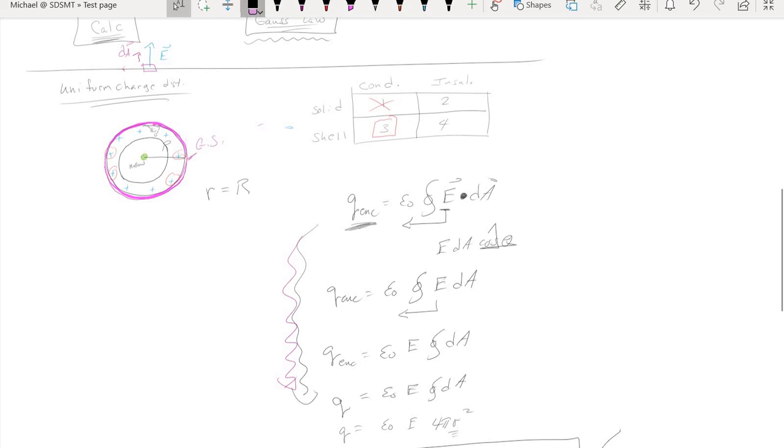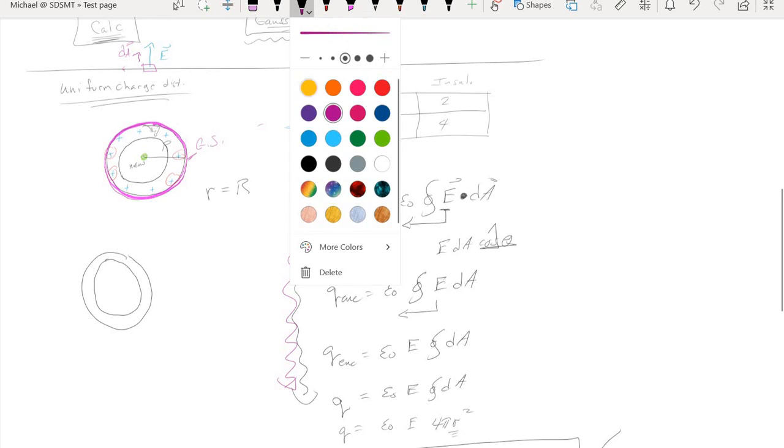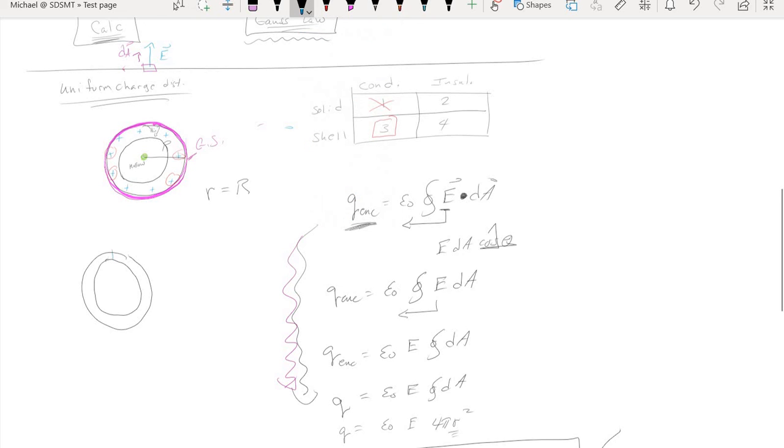And if you need another way to argue that, well, try the center of charge argument that we used before.